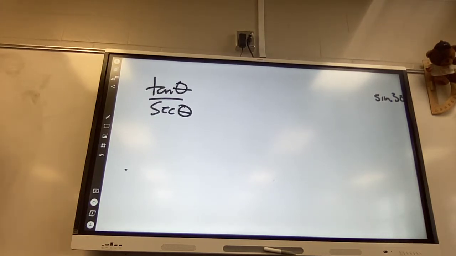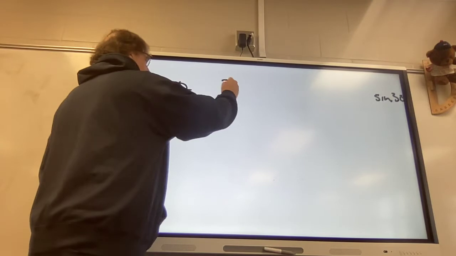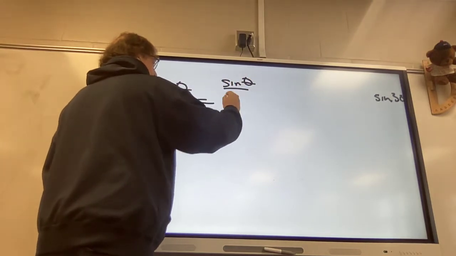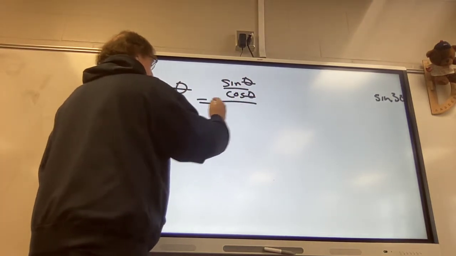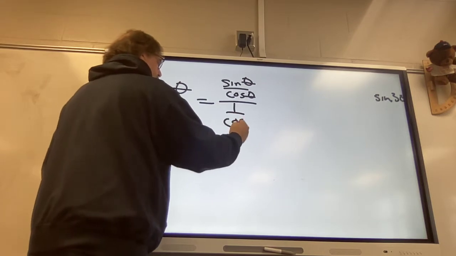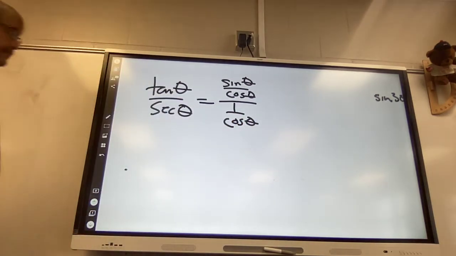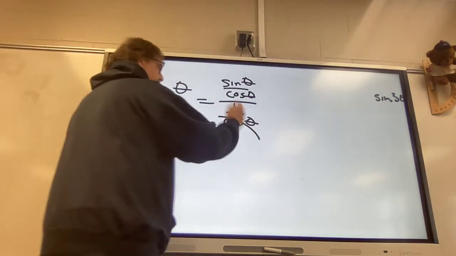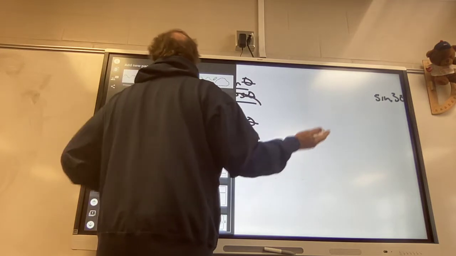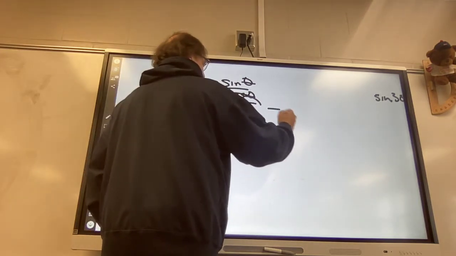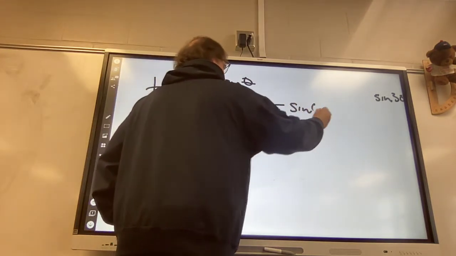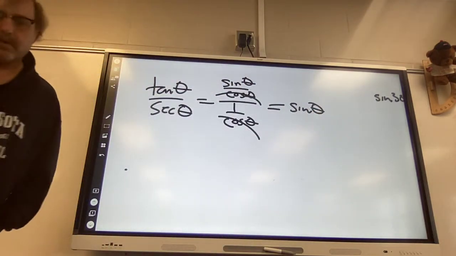Good idea to write them in sines and cosines. We have gone over many times the complex fractions. Cool.